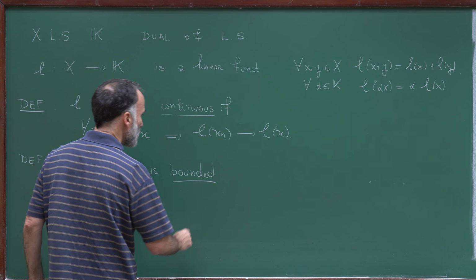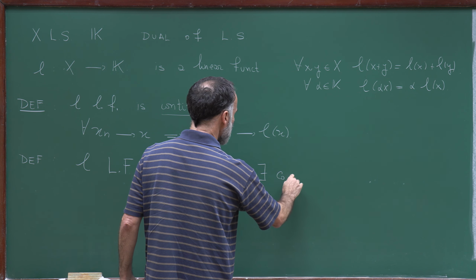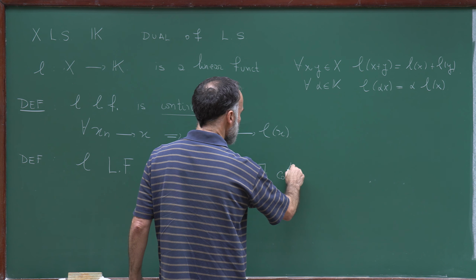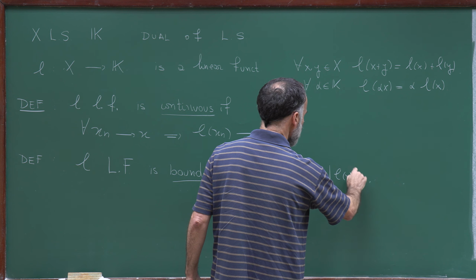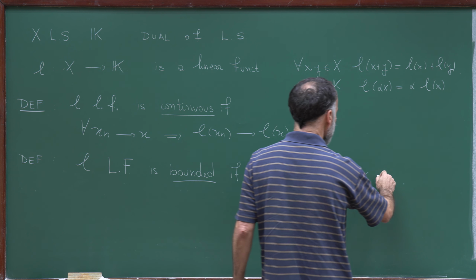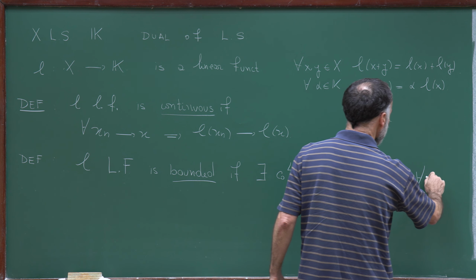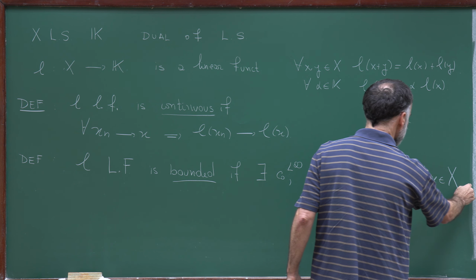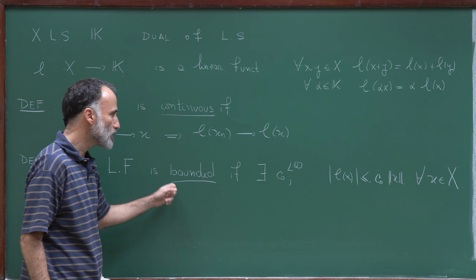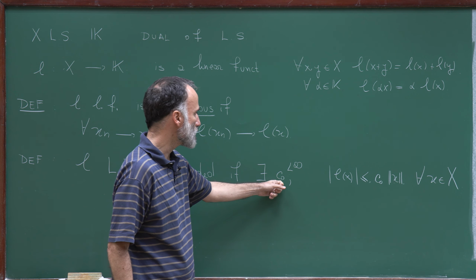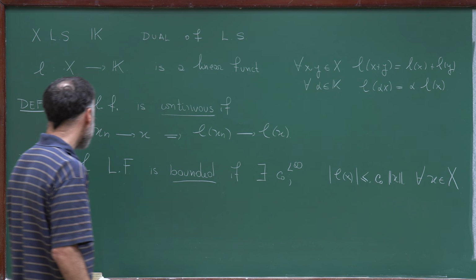So now I'm defining bounded if there exists a finite constant C0 such that the absolute value of L of x is less or equal than C0 times the norm of x for all x in X. So a linear functional will be said to be bounded if there exists this finite constant for which this inequality holds for all points.